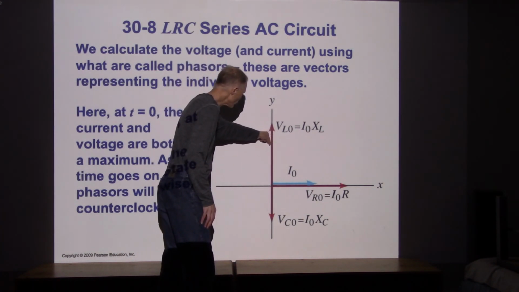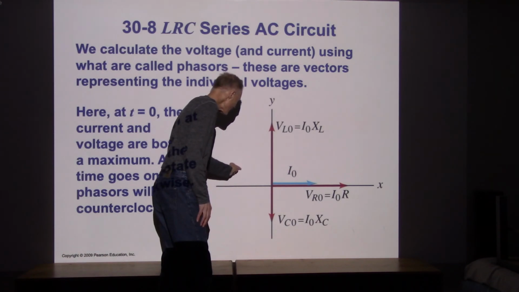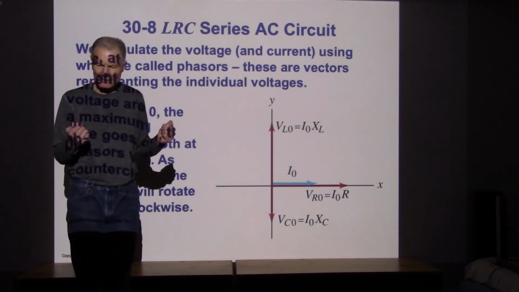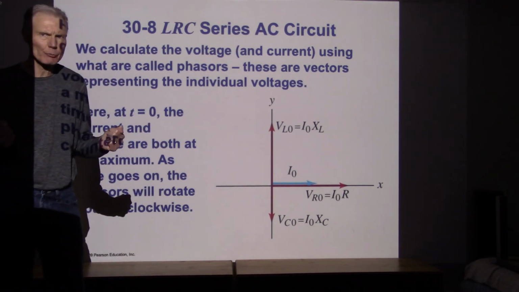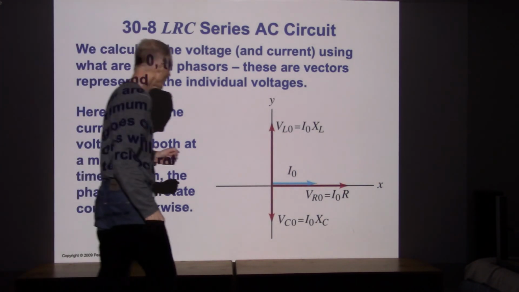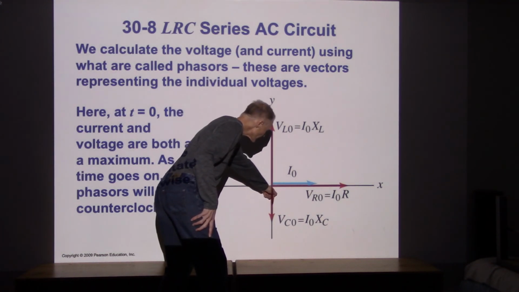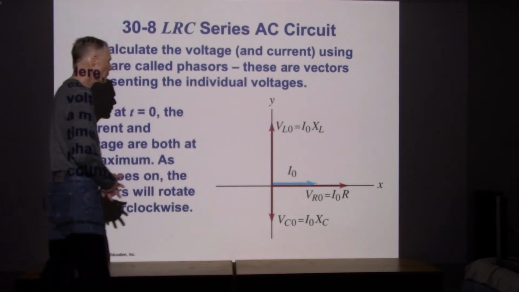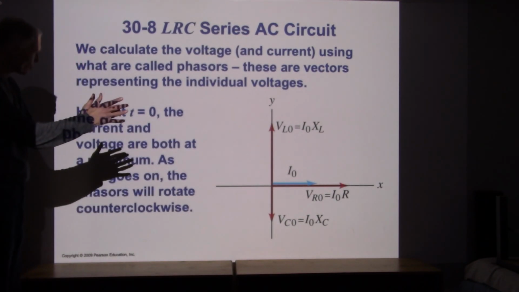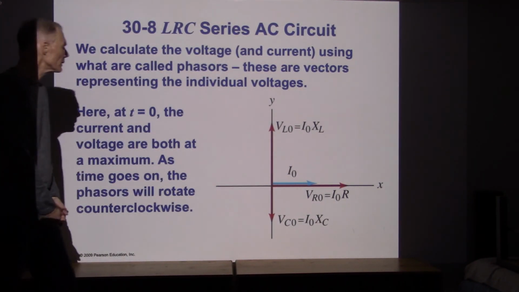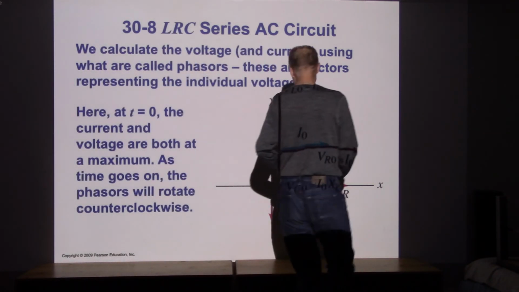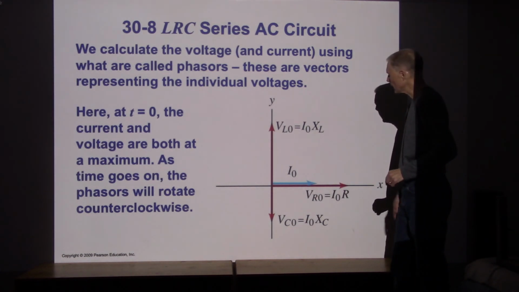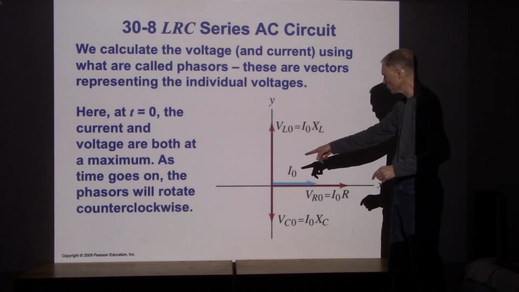At the end of half a cycle, the phasor is over here, and that says that the current is in the negative direction at peak. And then when it comes to here, it's back to 0, and then it's back to peak value in the positive direction. So that's the direction that the current is in. Now the I naught, again, represents a fixed value, just a magnitude. And again, we think of the whole diagram as rotating.